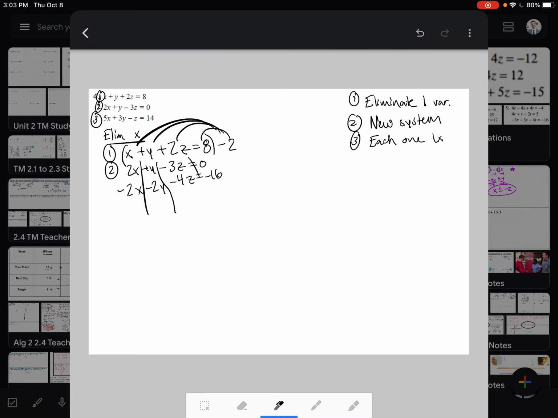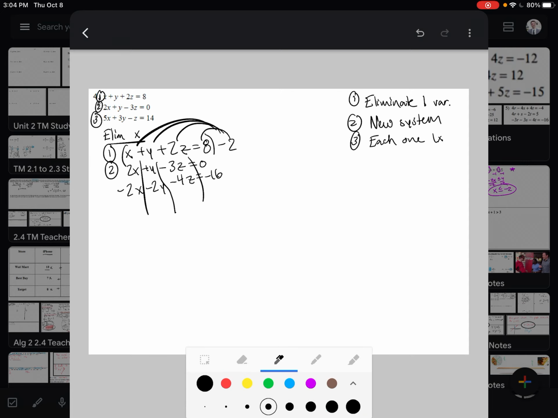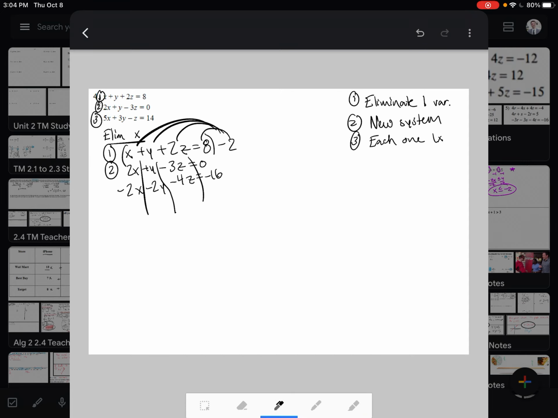Line these up and add straight down, and we will get negative y. Again, technology is failing me, but we'll power through. So negative y here, we got 0x, that canceled, negative 7z equals negative 16. So that's equation A for us: negative y minus 7z equals negative 16.